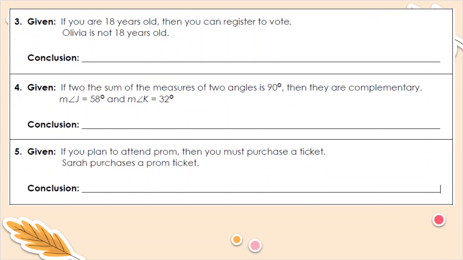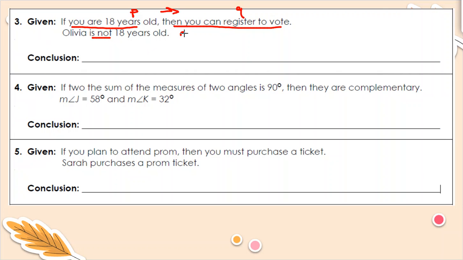Let's check out one more and then I'll have you try a couple on your own. For number 3, if you're 18 years old, so if P, then Q, then you can register to vote. Olivia is not 18 years old.